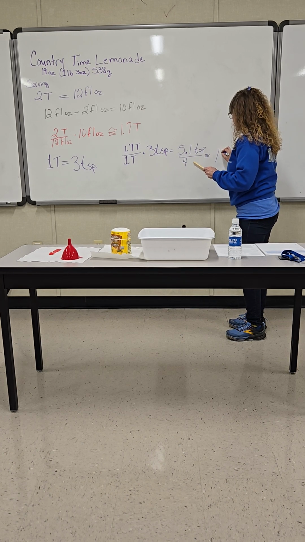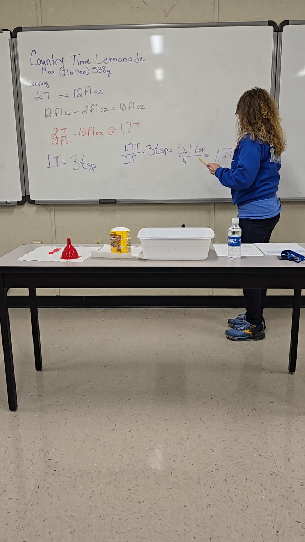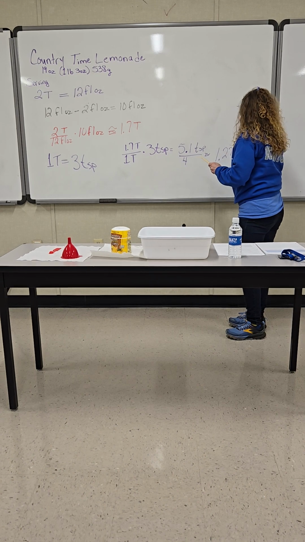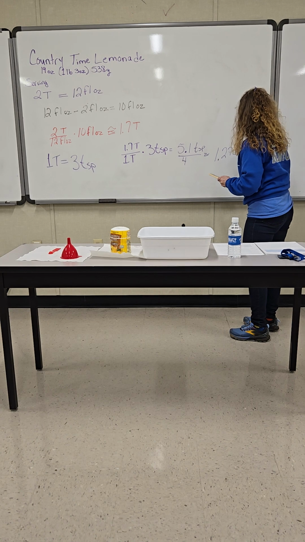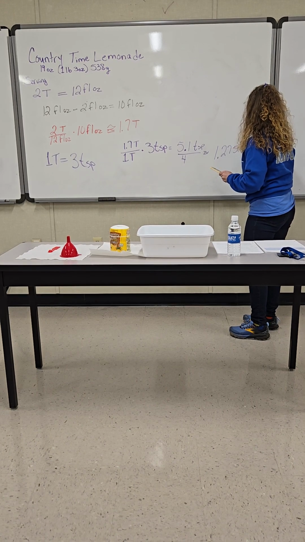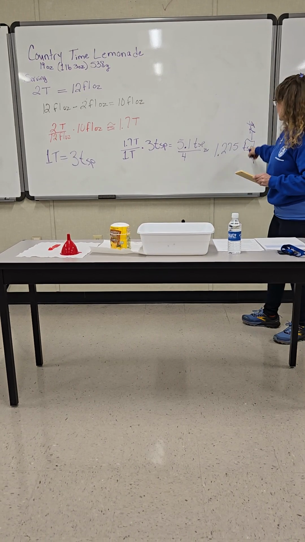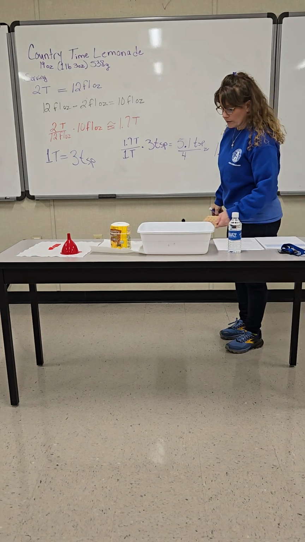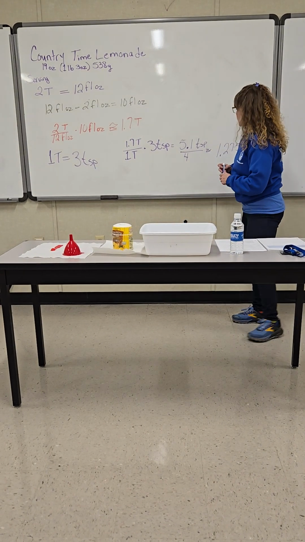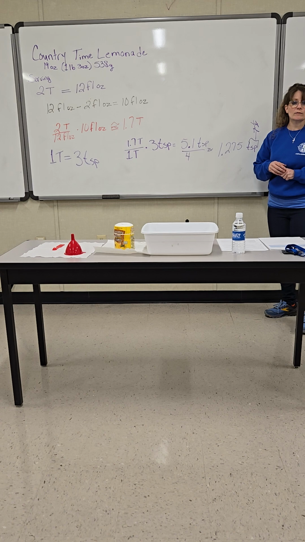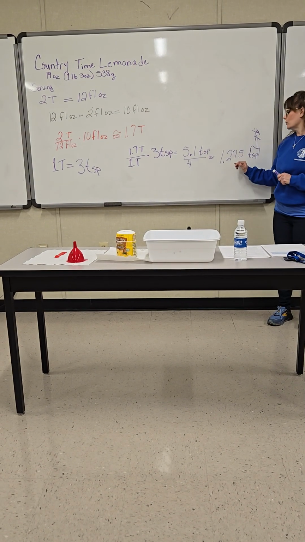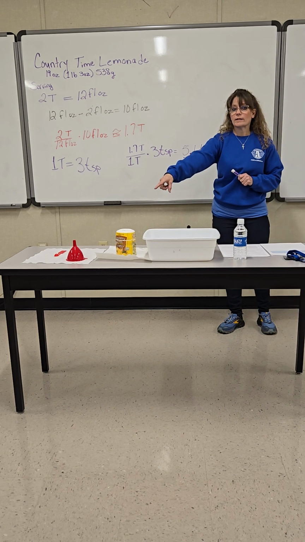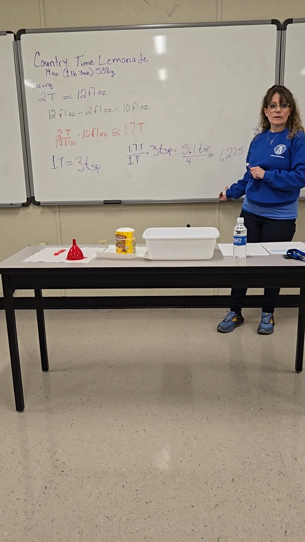So I'm going to divide this by 4, so I know exactly how many I want. So it says approximately 1.275. Here's the part about notation: this is a 1/4 teaspoon, so you've got to be careful on notation. Here's the part I am letting you have control over. I'm letting you decide how to round. You can round up, you can leave it as is, whatever you want to do. But remember, what you're working with is not going to give you an exact measurement.